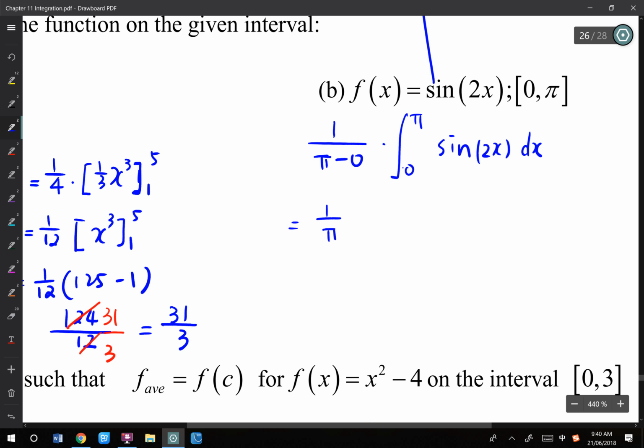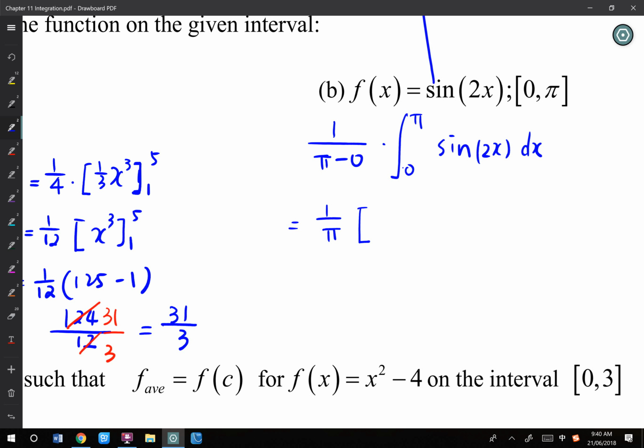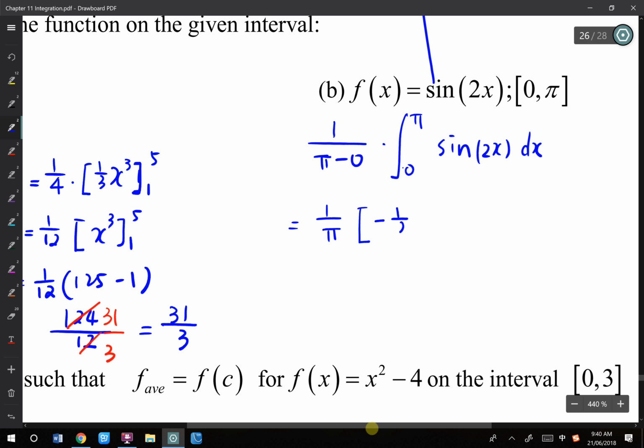That's 1 over pi, integral of, what's the antiderivative for sine? Negative cosine. So it's negative 1/2 cosine 2x, from 0 to pi.